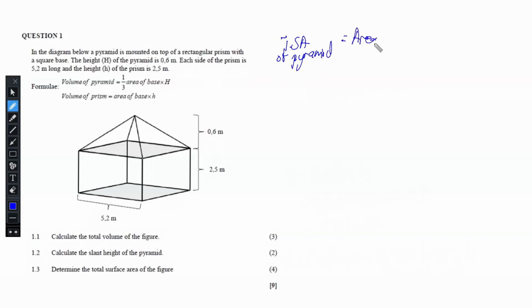The area of base, and then plus 1/2 times the perimeter of the base multiplied by the slant height.